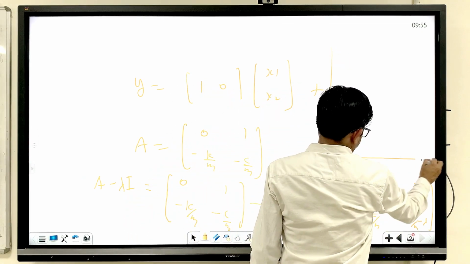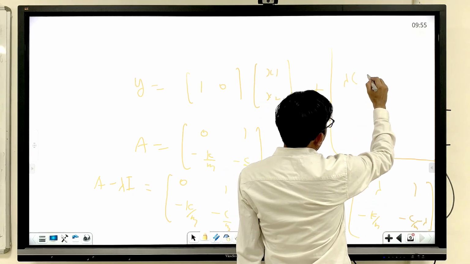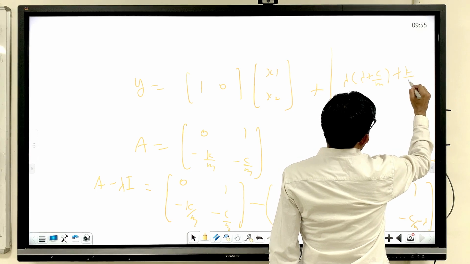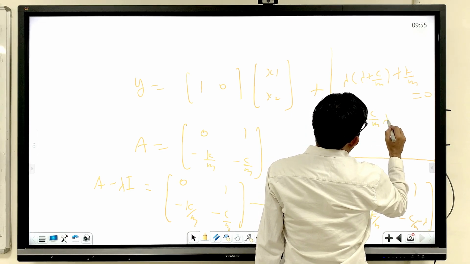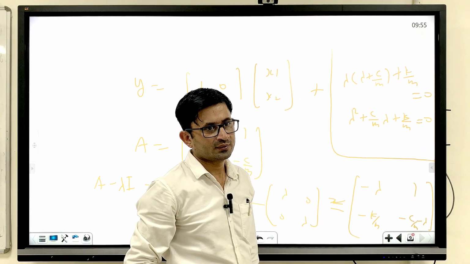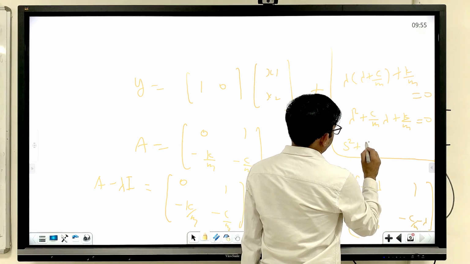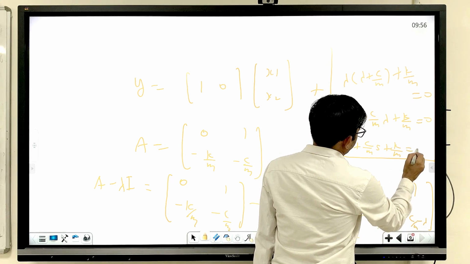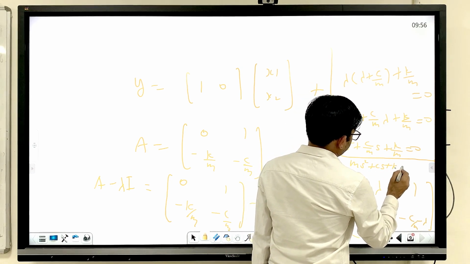If you find the determinant, you will get lambda into lambda plus c by m, plus k by m, equal to 0. So lambda square plus c by m lambda plus k by m equal to 0. What is lambda? Root. It is in this form: s square plus c by m s plus k by m, or you can write this as m s square plus c s plus k equal to 0.